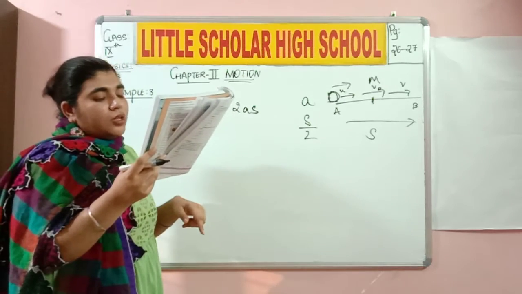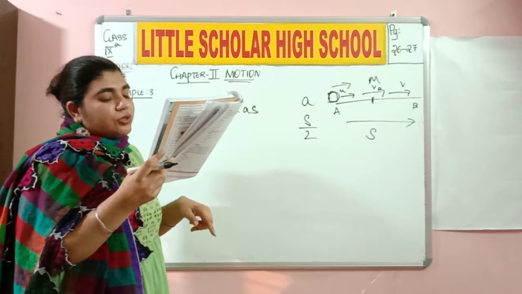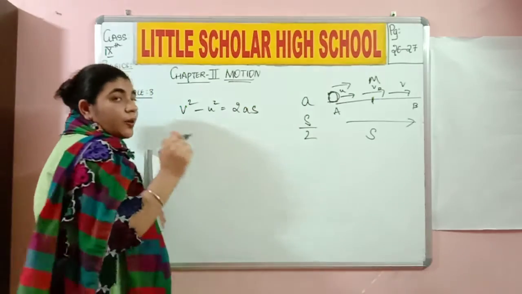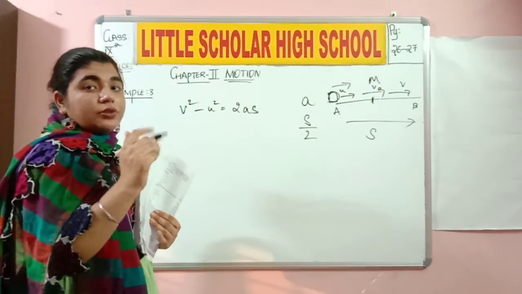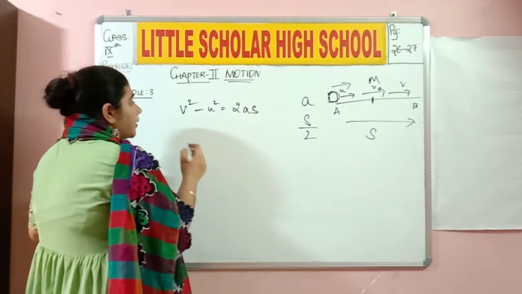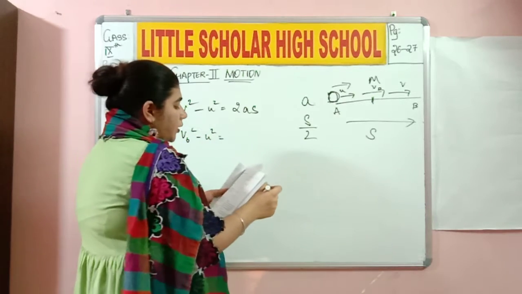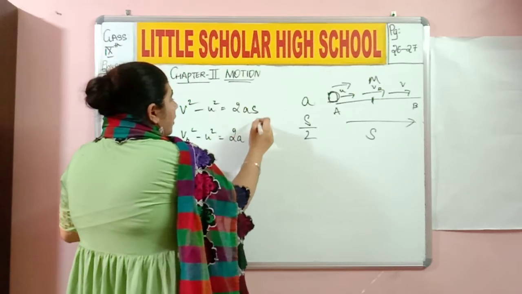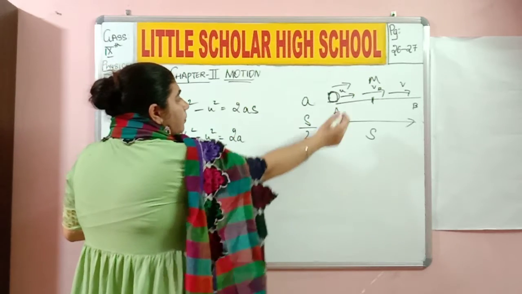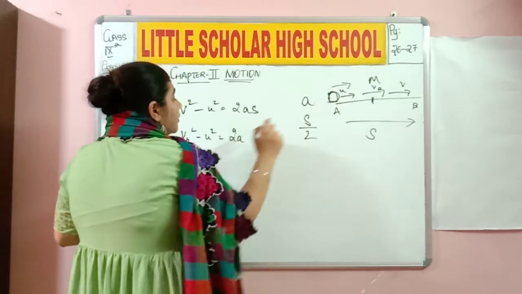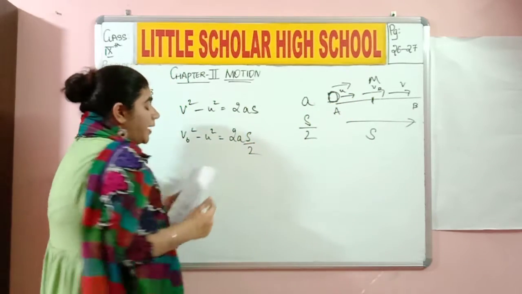Applying the same equation used above, we get, in place of v, v naught, because in the question they have mentioned that the body reaches the midpoint with uniform acceleration. So v naught square minus u square is equal to 2a, and s will be written as s by 2, because we are talking just about the midpoint. We did not complete the entire distance. So it is s by 2.